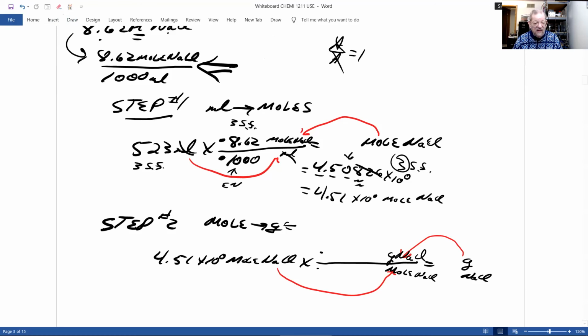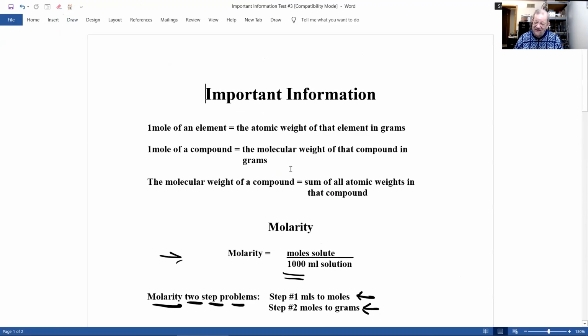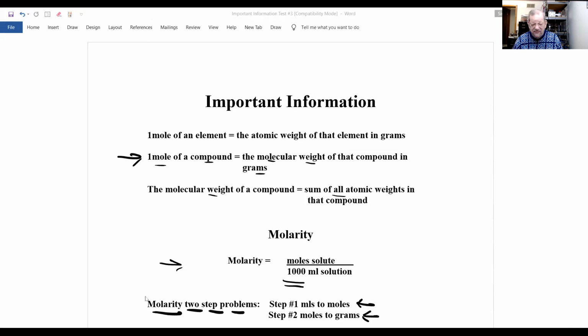Thank you. Well, in case you forgot from test 2, you can look at important information, test number 3. And it says right here, 1 mole of a compound equals the molecular weight of that compound in grams, and the molecular weight of the compound is the sum of all atomic weights in that compound. So we need the atomic weights of sodium and chlorine.